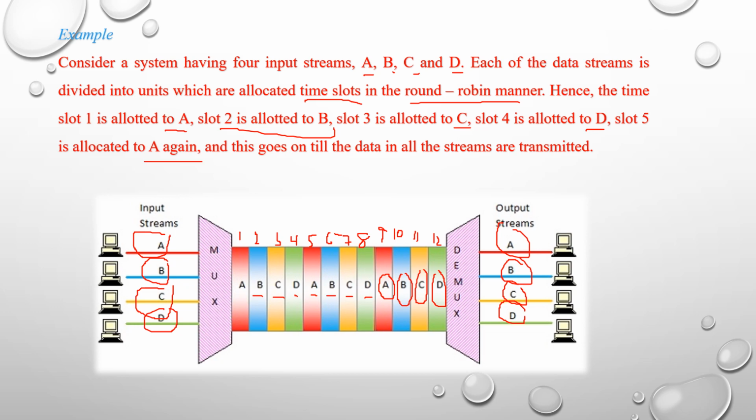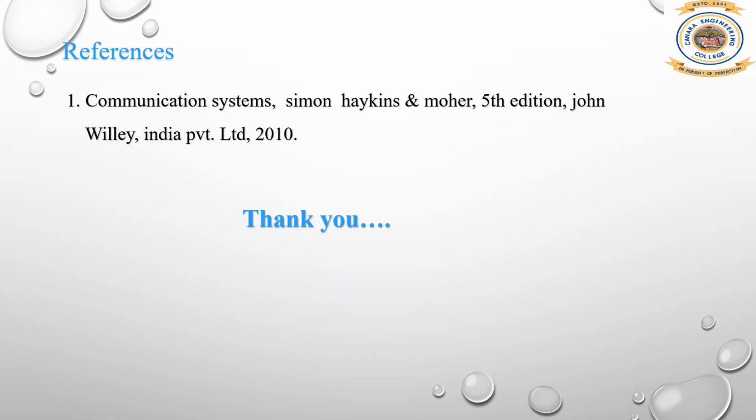So here the inputs are A, B, C, D and the receivers are A, B, C and D. We have four signals, and these four signals are transmitted through a common communication path. With respect to time, we transmit the data. So this is the common communication path. Thank you.